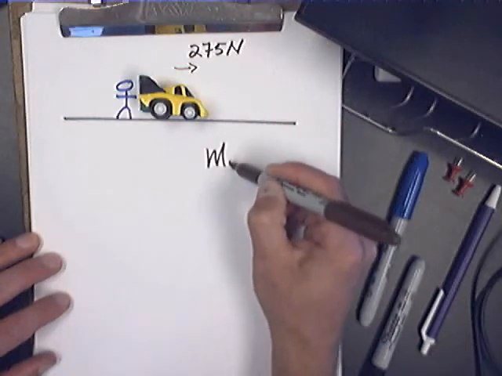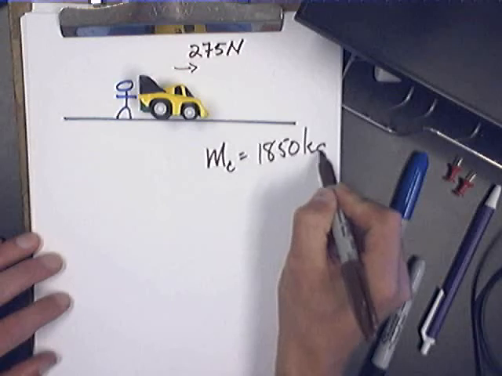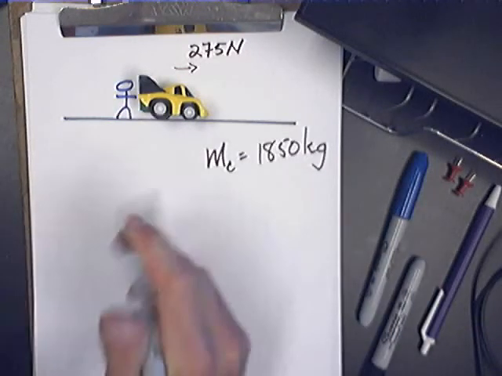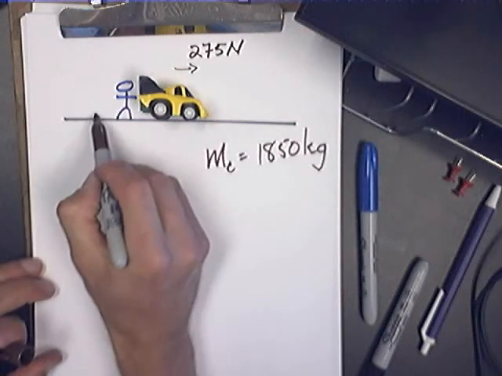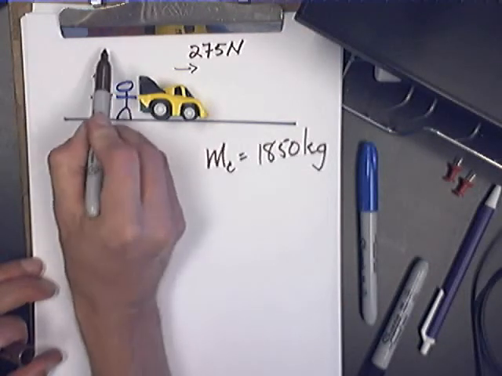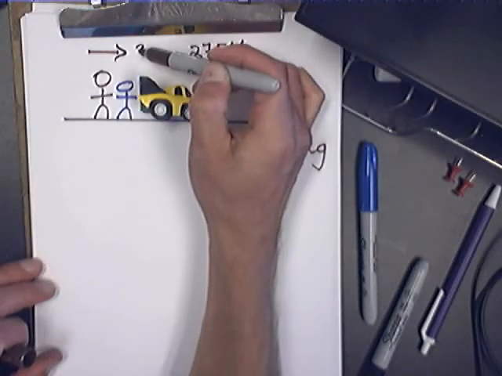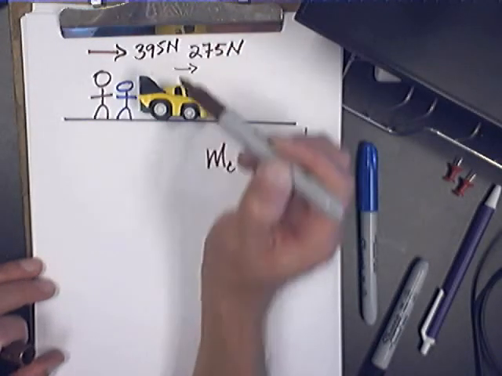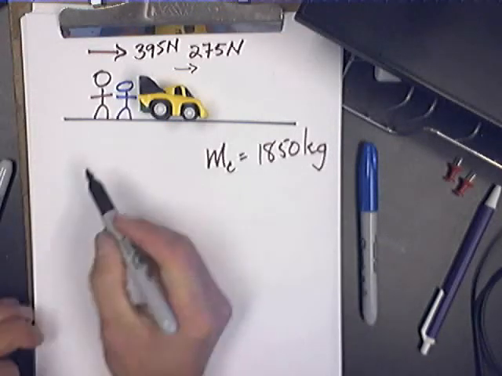The mass of your car is 1,850 kilograms. You can't push it very hard, so you have your friend come over, and your friend's going to help too. He's going to push it with a force in that direction of 395 newtons. What's the acceleration of your car?